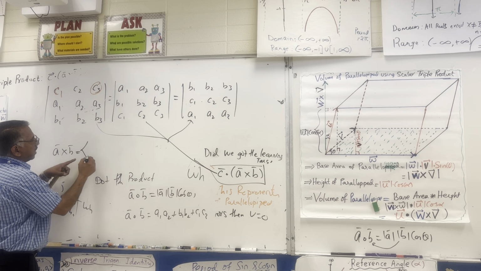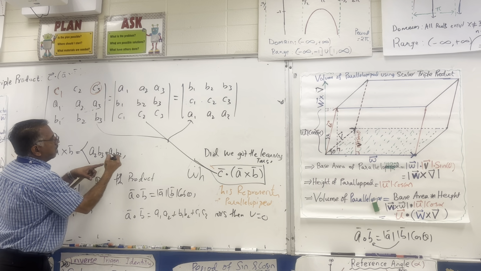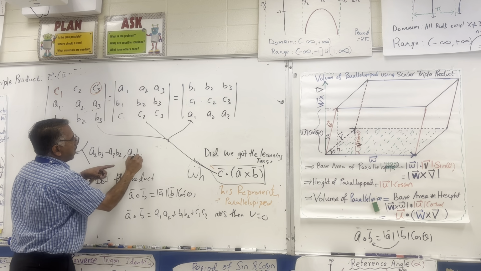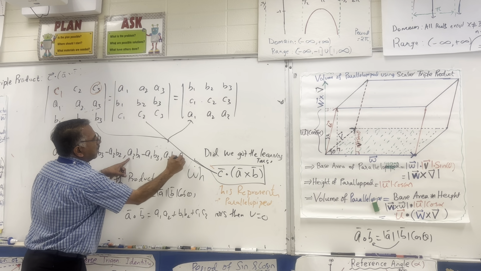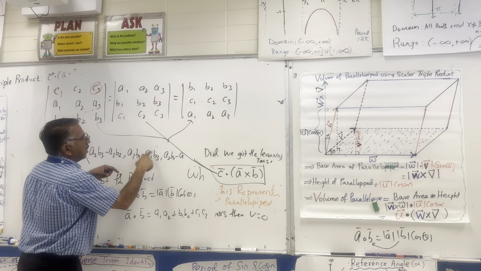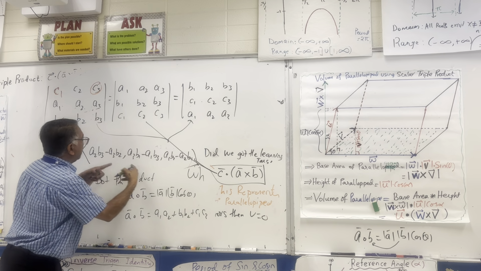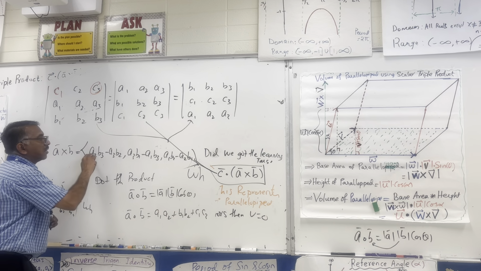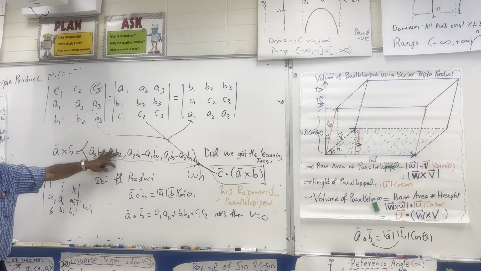I can put a vector like this, which is A2 B3 minus A3 B2, then the next component is A3 B1 minus A1 B3, and then A1 B2 minus A2 B1. So this is the main thing. The determinant is obtained only because of this.